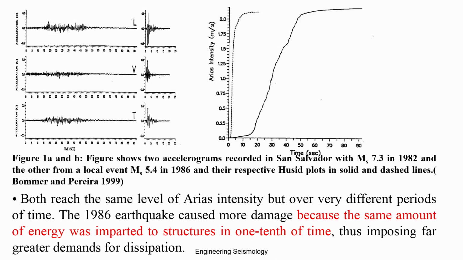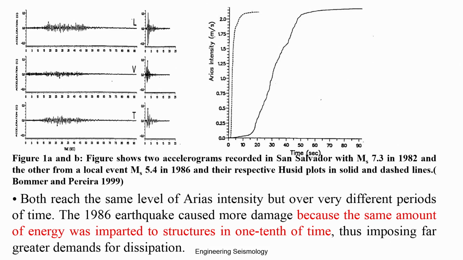The same amount of energy was imparted to the structure in one-tenth of the time, thus imposing a greater demand for dissipation. If you have a very broad record, the structure gets enough time to dissipate; here you do not get enough time, so it gets highly damaged very fast.